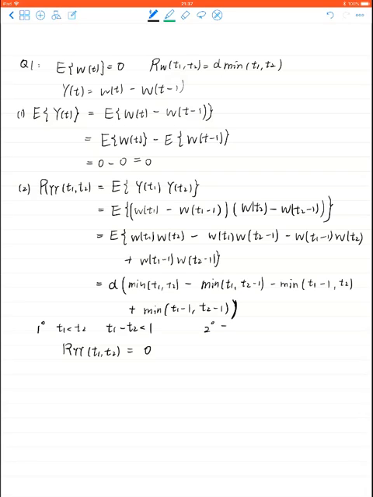The second case is t1 larger than t2 and t1 minus 1 larger than t2, that is, t1 minus t2 is larger than 1. In this case, R_YY(t1, t2) equals alpha times (1 minus (t1 minus t2)).